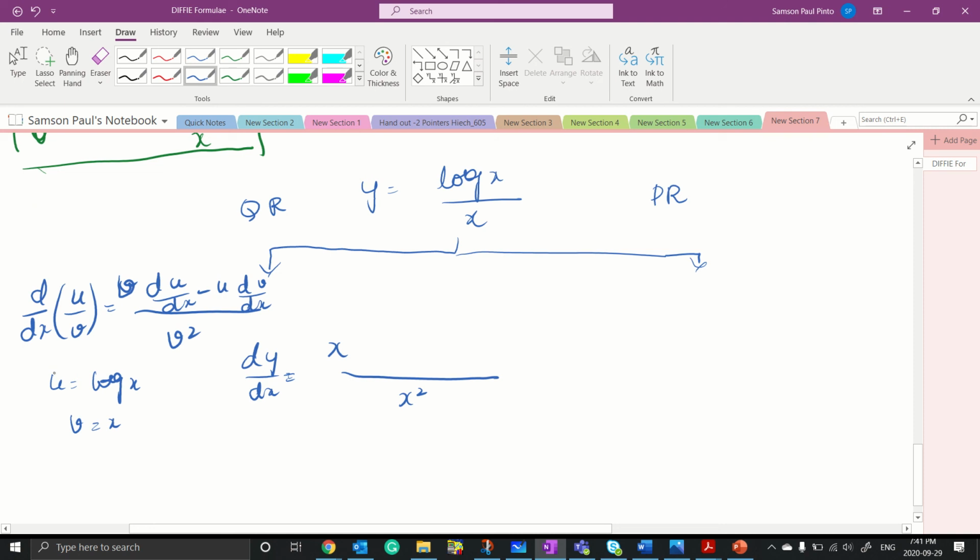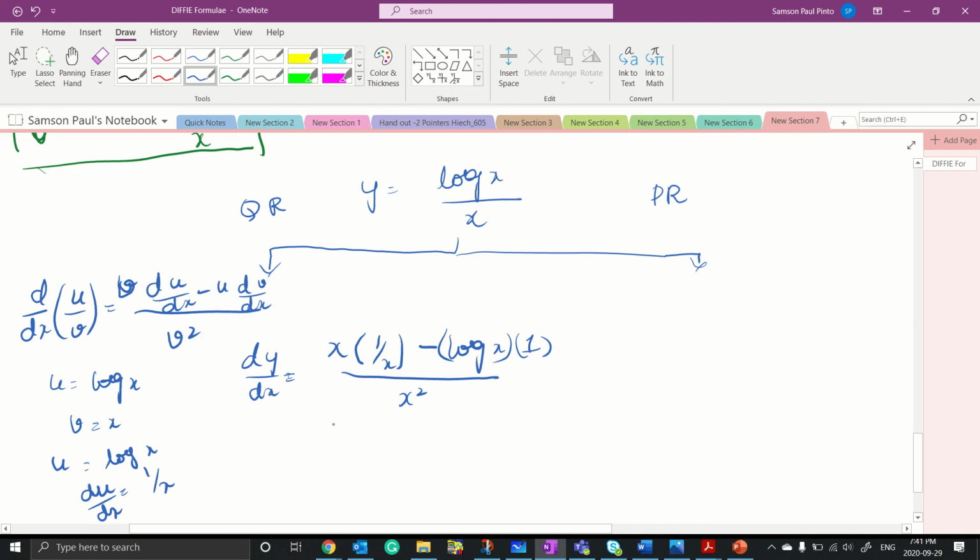If you write u as log x, du by dx is nothing but 1 by x. So this is multiplied by 1 by x, minus u, which is log x, into differentiation of x, essentially 1.